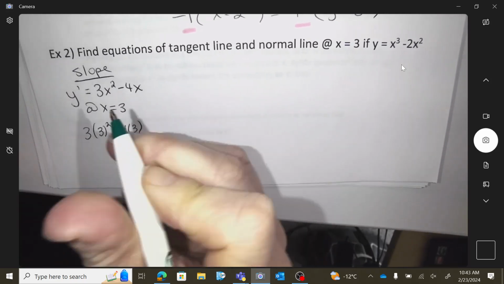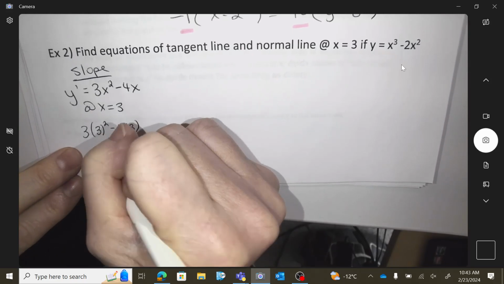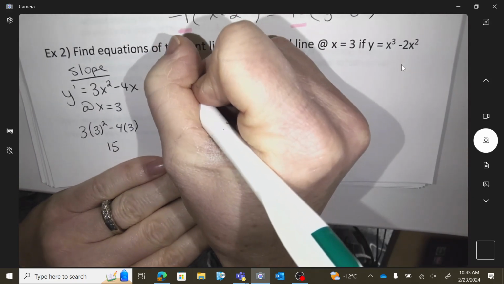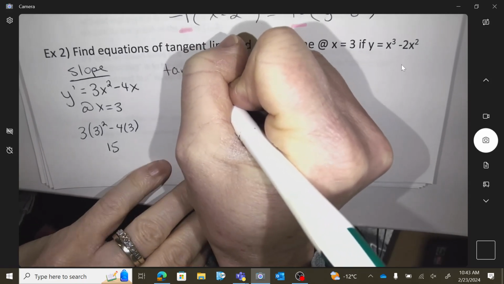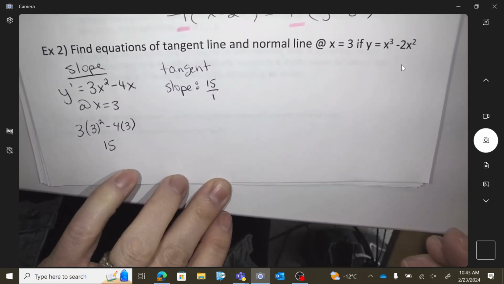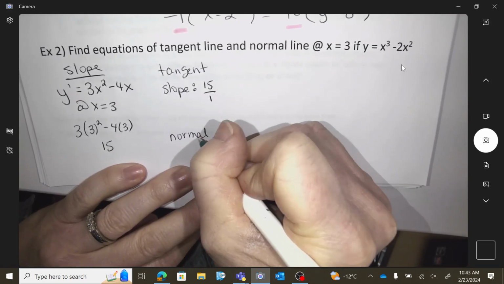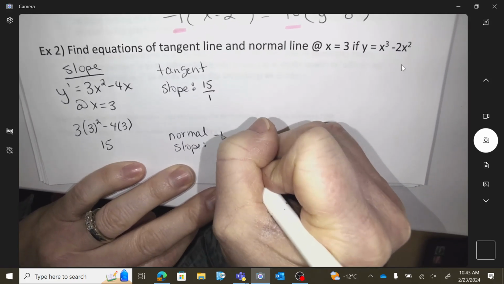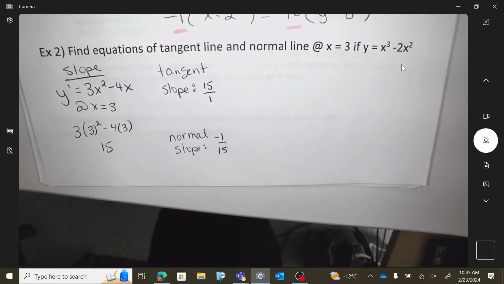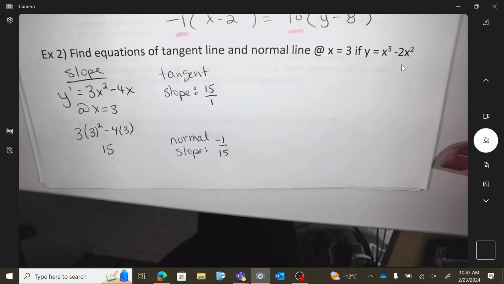What is the slope? So here's something I know. I know the tangent line has a slope of 15, or 15 over 1. And the normal perpendicular line would be negative 1/15.